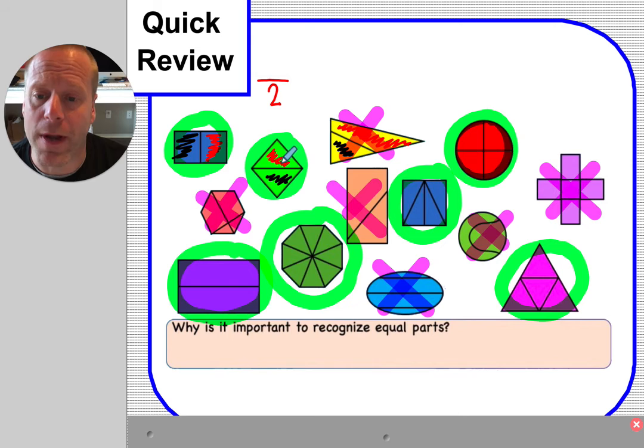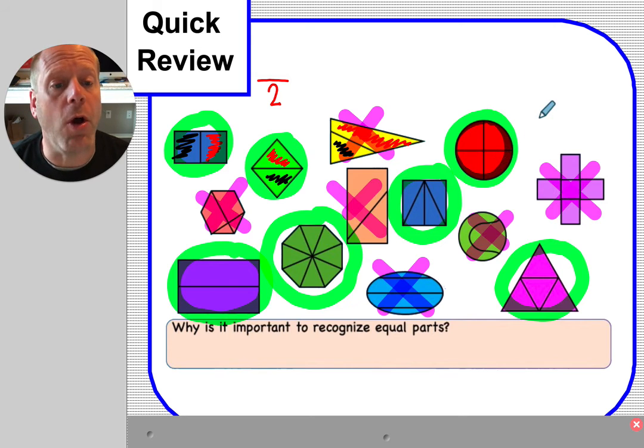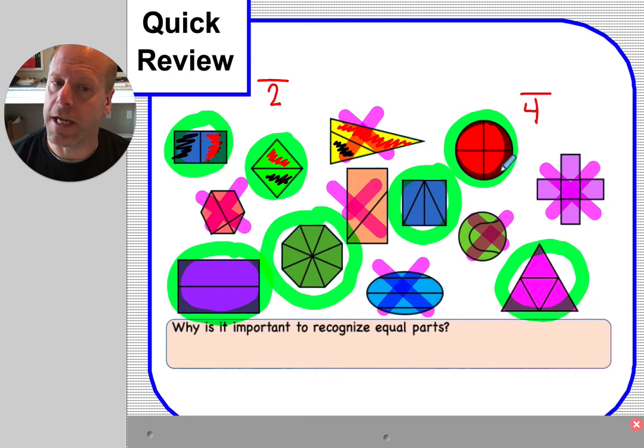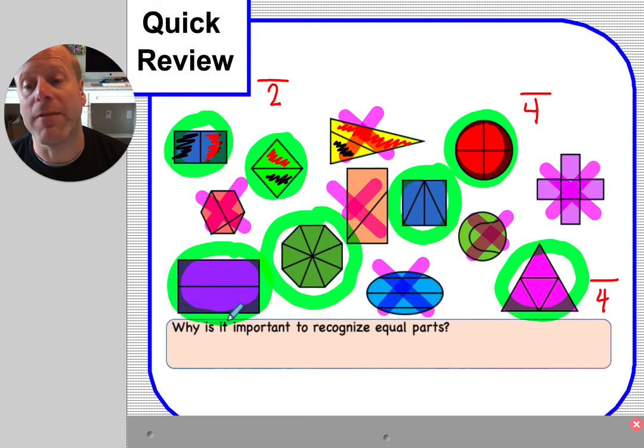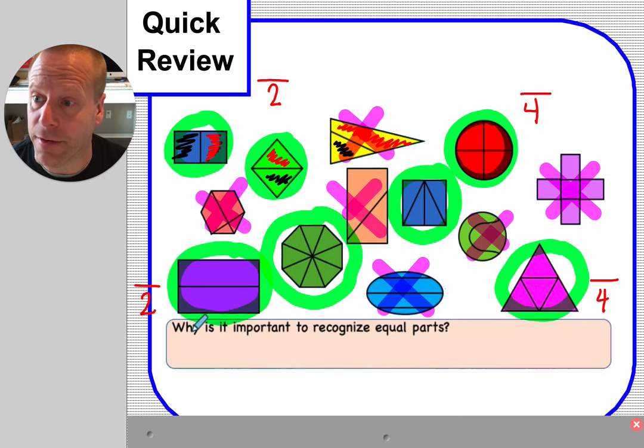This one also has 2 parts. This one, though, would have 4 parts. See? 1, 2, 3, 4. This one also, 1, 2, 3, 4. Would have 4 parts. This one, though, would have 2 parts again. The denominator describes how many there are all together.